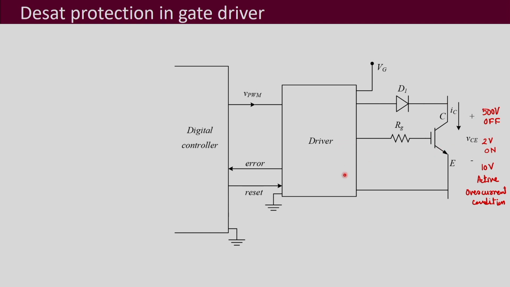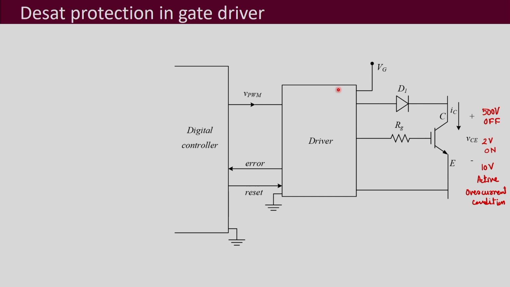And when it is in the on state, gate pulse is given, at that time this diode is on and it forms a connection between the driver and the collector. So this diode is just like a connection forming between the driver and the collector point. When it is off, it is reverse biased, no connection. When it is on, it is forward biased and it forms the connection, because of which we are able to sense the VCE voltage.